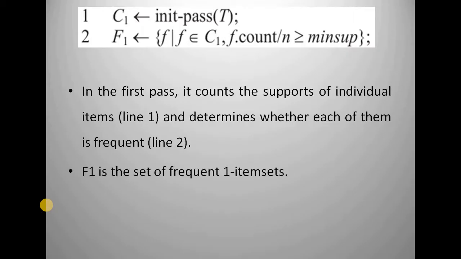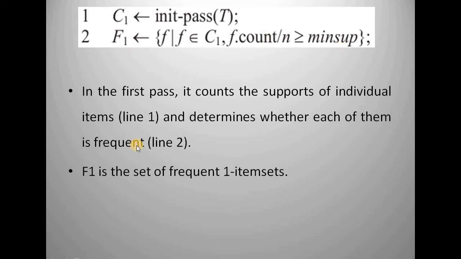The first two steps: C1, we will have the initial pass of the whole transaction set T, and F1 will have all the values which have support greater than or equal to the minimum support. After the initial pass, we will have the elements with support greater than or equal to minimum support in F1.